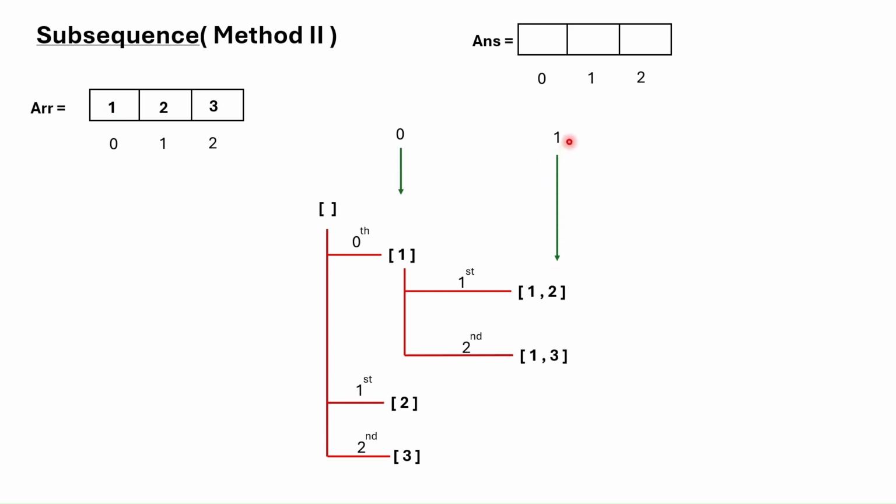Now again listen. What all things I can put in my first index of my answer if I have already taken the first index of the array? If I have already taken the first index, I am only left with one choice, and that is to pick 2. So if I choose 2, what will I get?